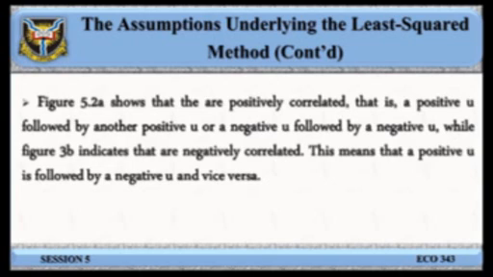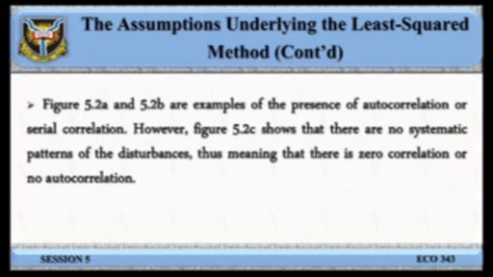This means that a positive u is followed by a negative u and vice versa. Figures 5.2a and 5.2b are examples of the presence of autocorrelation or serial correlation. However, figure 5.2c shows that there are no systematic patterns of the disturbances, thus meaning that there is zero correlation or no autocorrelation. 6. The number of observations n must be greater than the number of parameters to be estimated.